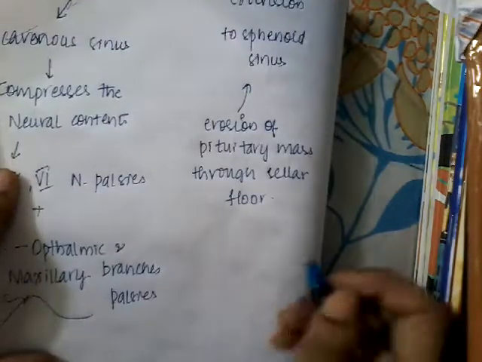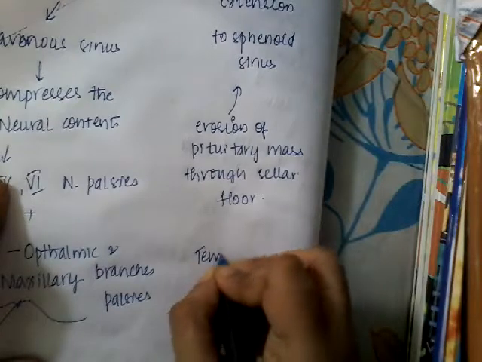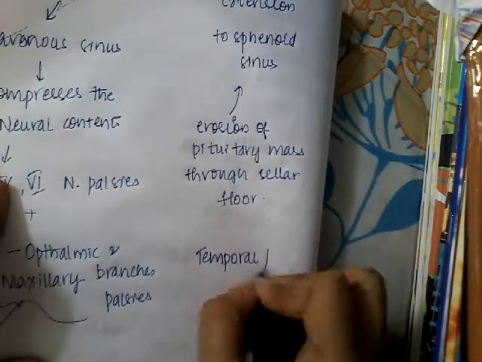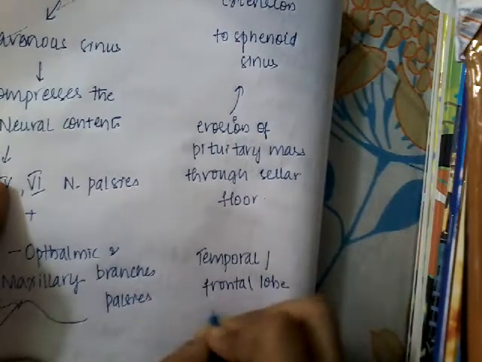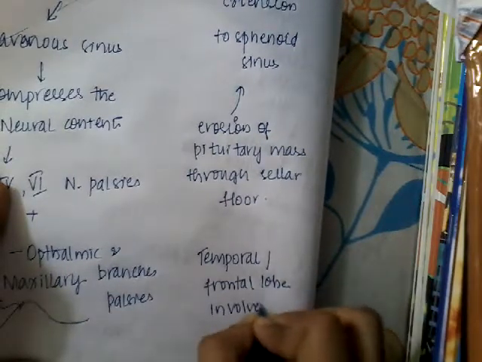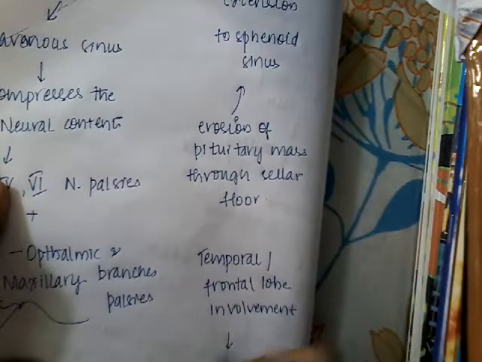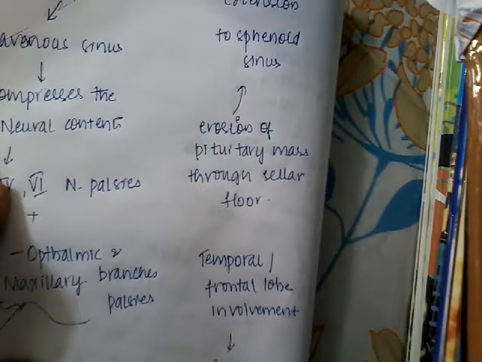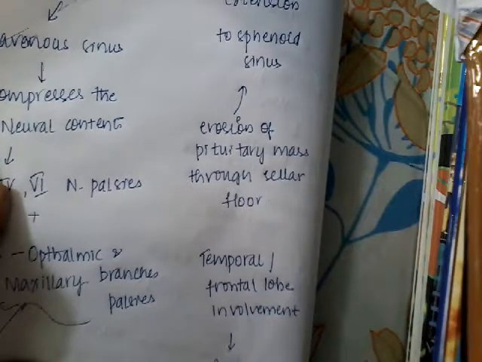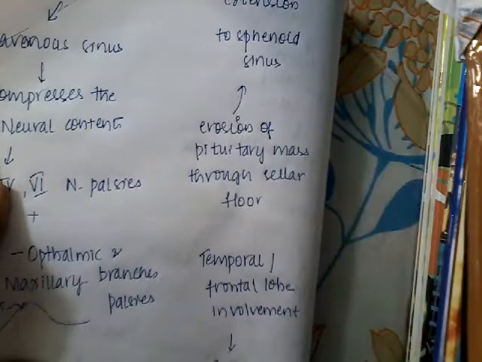Okay, whenever there is involvement of the temporal or frontal lobe, in such cases it causes uncinate seizures due to the temporal lobe.